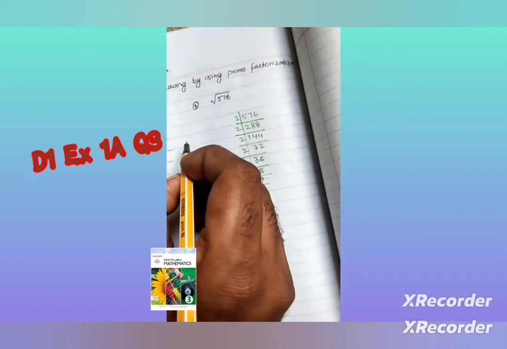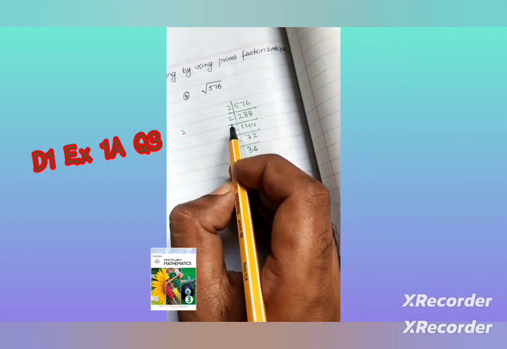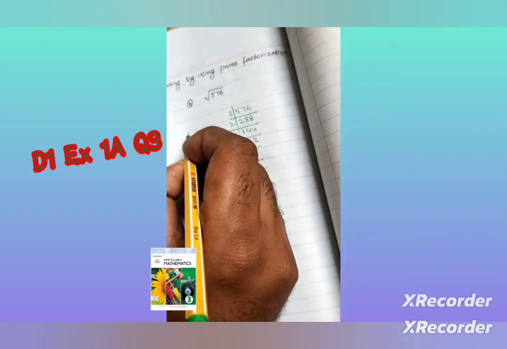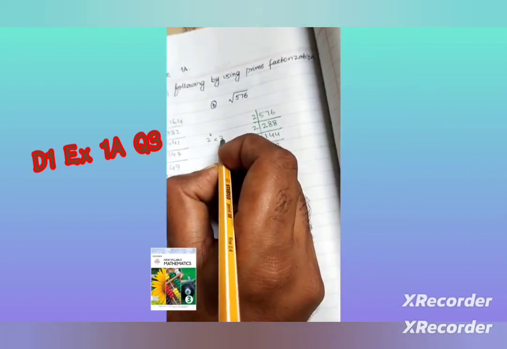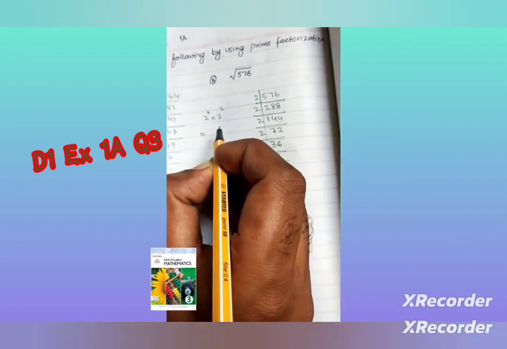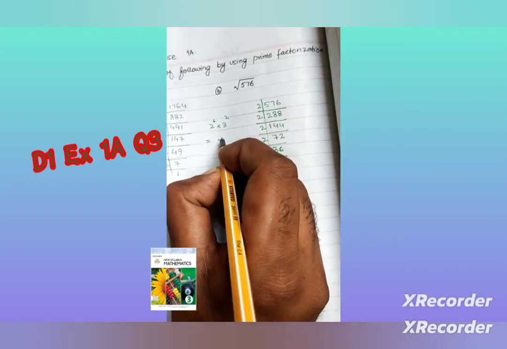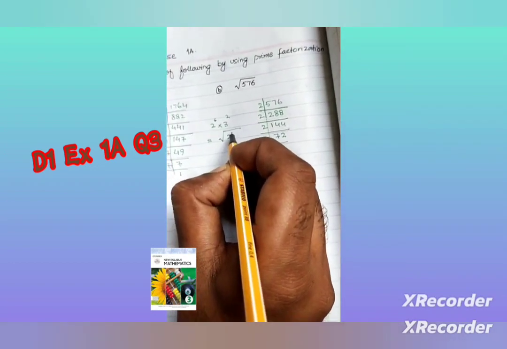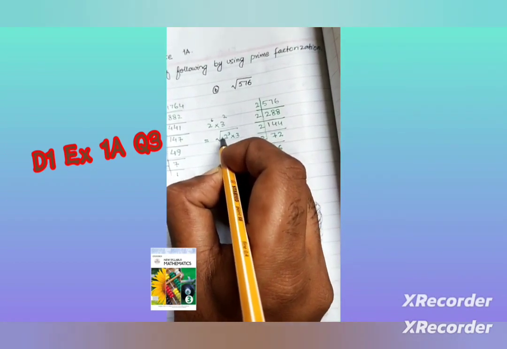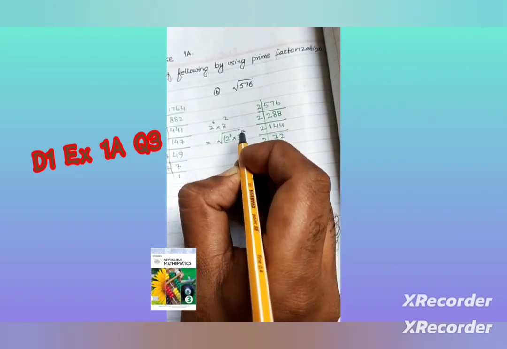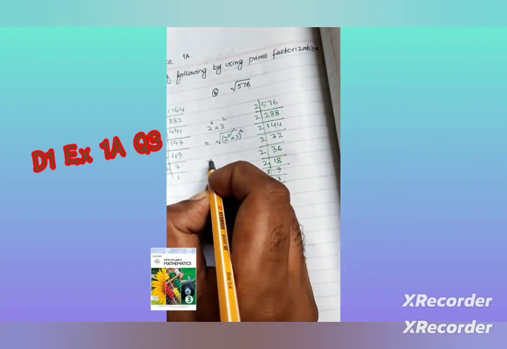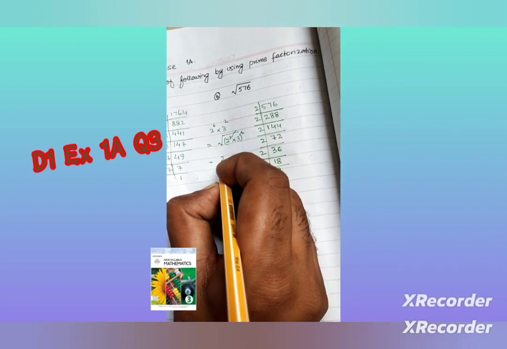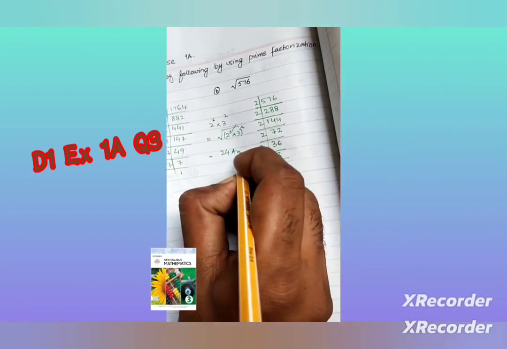So what we have got is 2 to the power 6 multiply by the rest. For square rooting we can write it accordingly, and this is our answer.